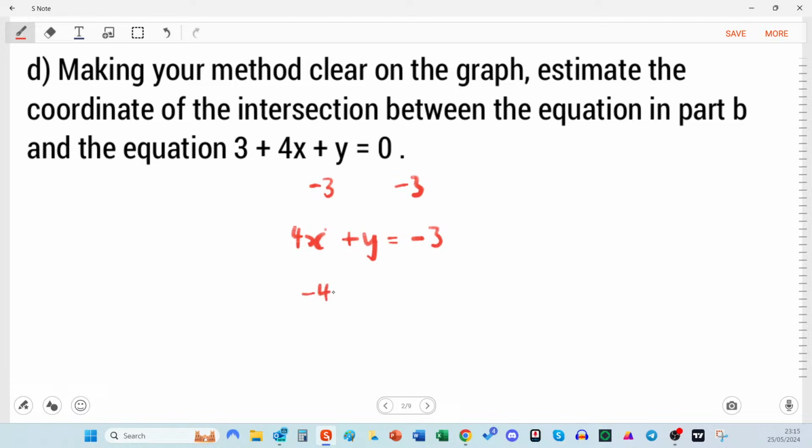Now we're going to take away 4x on both sides, and that's going to be y equals -3. Well, the 4x minus 4x, that's disappearing on the left. Whatever's there already, which is -3, we're going to take away 4x from it.